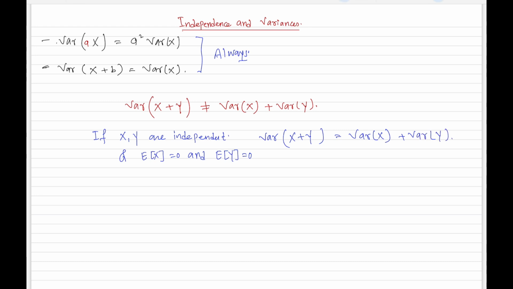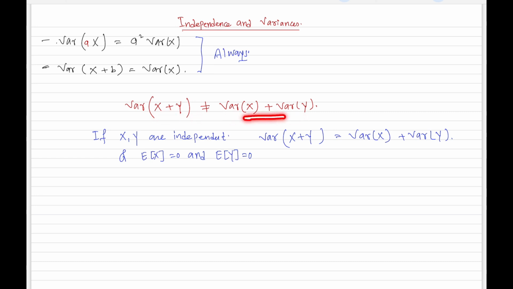So this is a special case. In general we cannot say, like in the case of expectation, that the expectation of the sum would be the sum of individual expectations. We cannot say in the case of variance that the variance of the sum of random variables would be the sum of the individual variances.